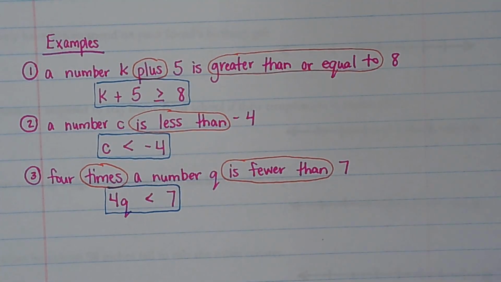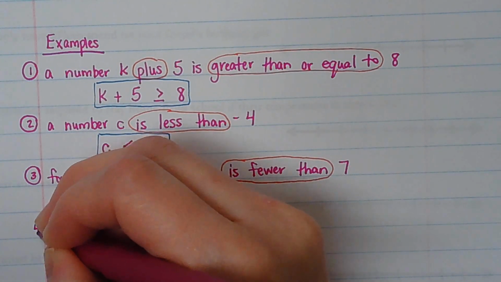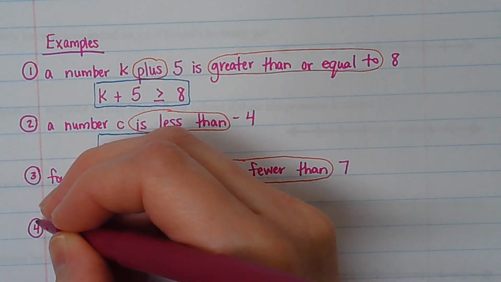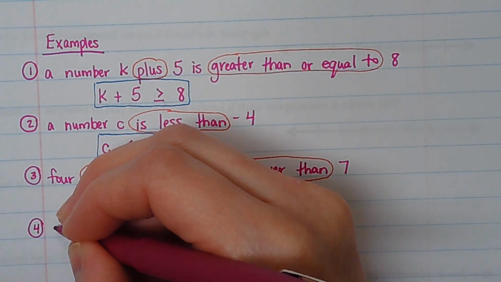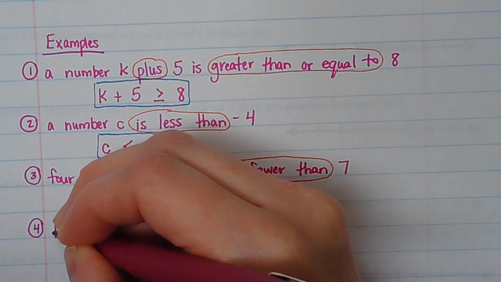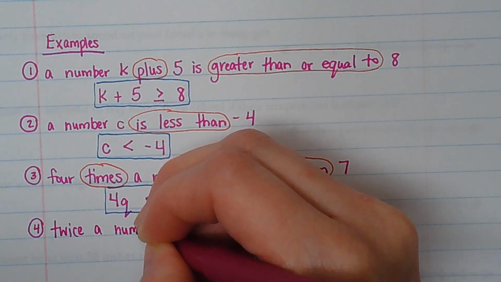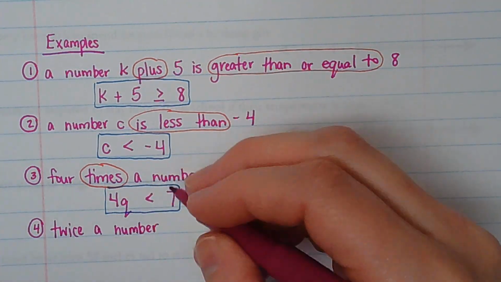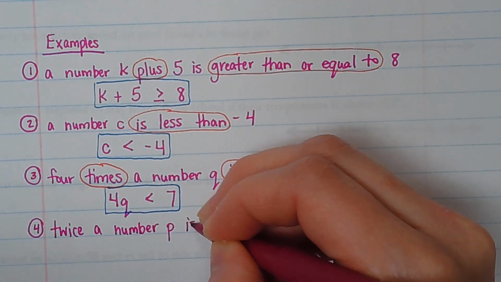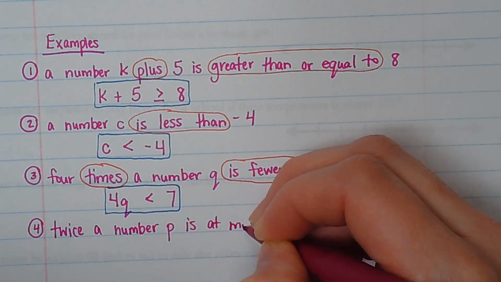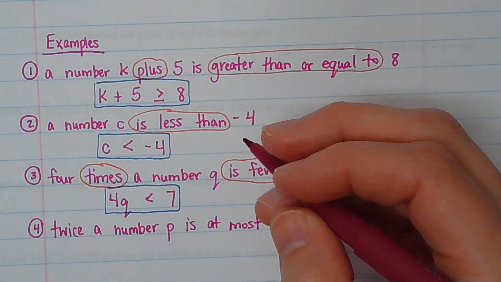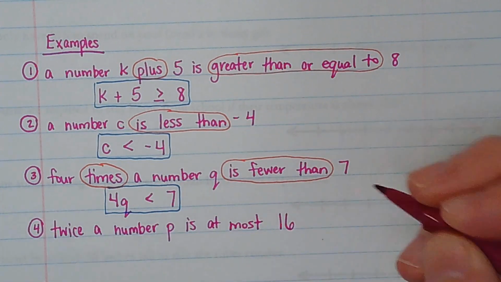Okay. All right, let's look at one more like this. Let's do this one. Twice a number P is at most 16.